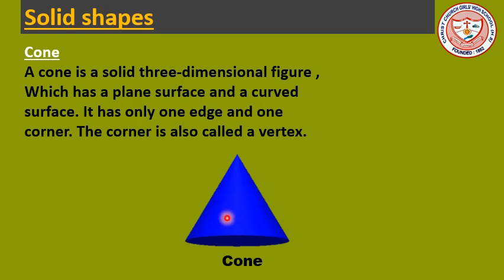So a cone has a plane surface and a curved surface. It has only one edge. So how many edges does it have? It has only one edge and one corner, and the corner is also called a vertex. Clear?